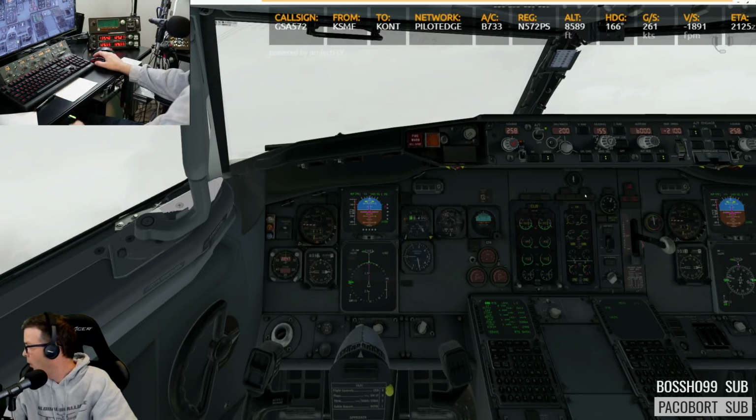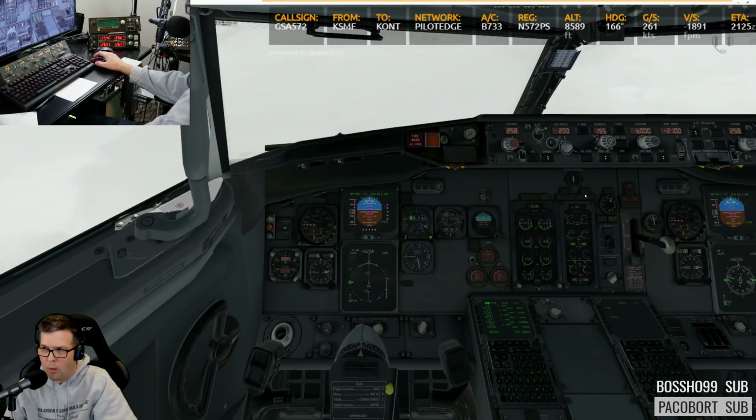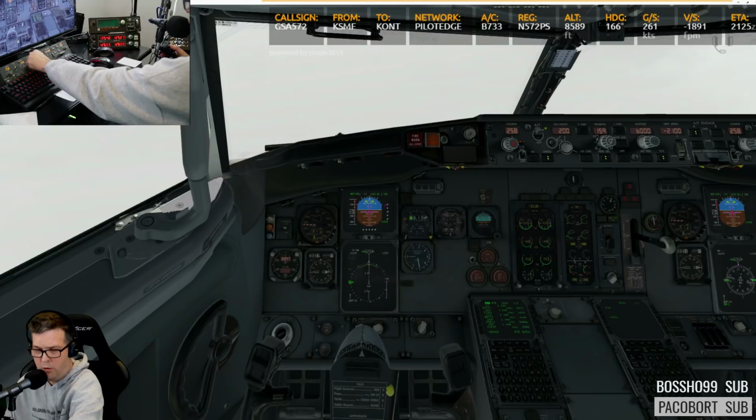GWARH, flight level 340. Less than 340, Golf Whiskey Alpha right there. Global 572, flight level 240. 240, Global 572.